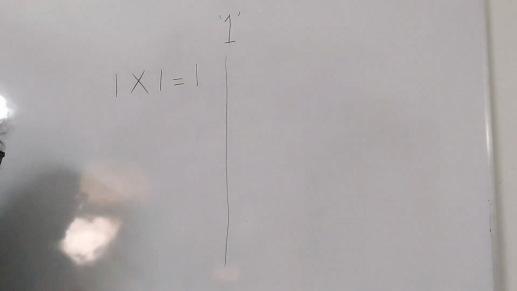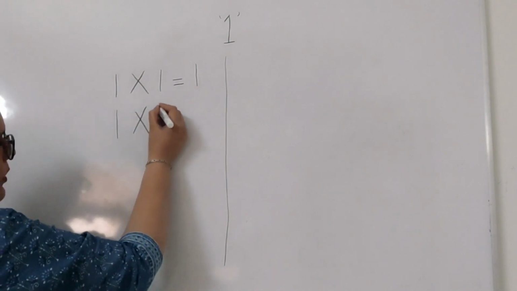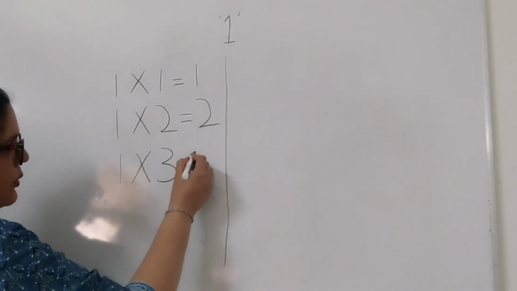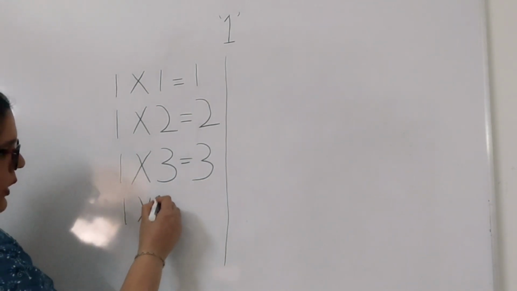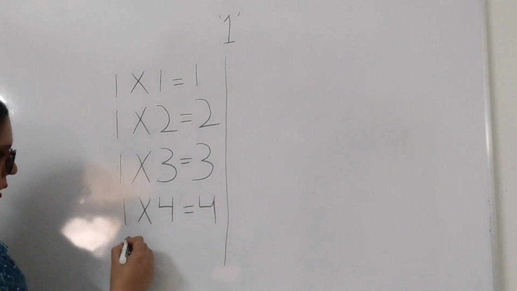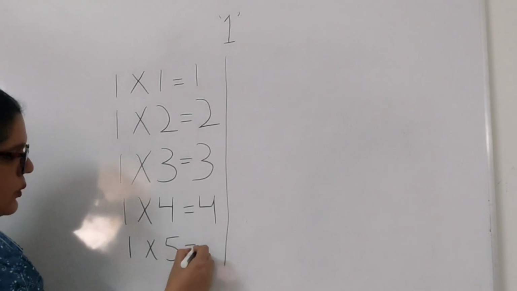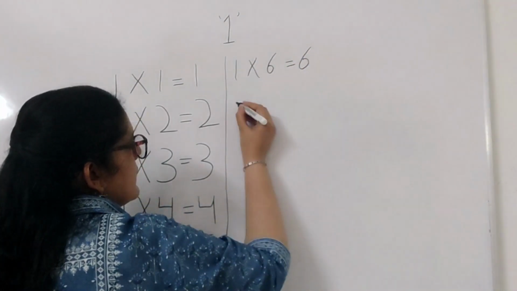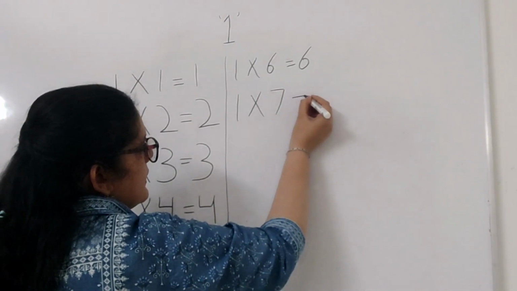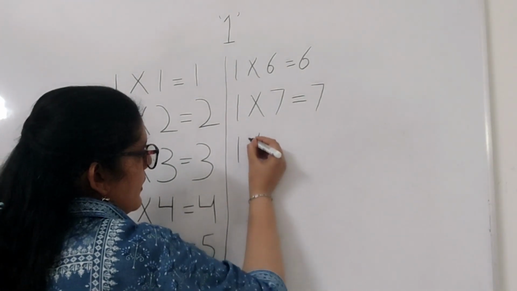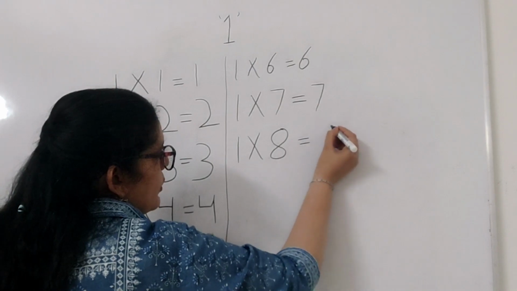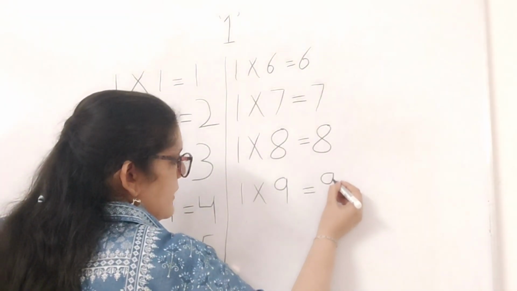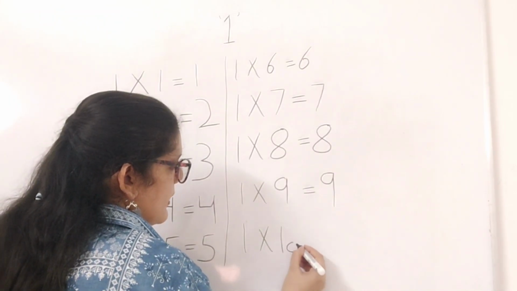1 times 1 is equal to 1. 1 times 2 is equal to 2. 1 times 3 is equal to 3. 1 times 4 is equal to 4. 1 times 5 is equal to 5. 1 times 6 is equal to 6. 1 times 7 is equal to 7. 1 times 8 is equal to 8. 1 times 9 is equal to 9. 1 times 10 is equal to 10.